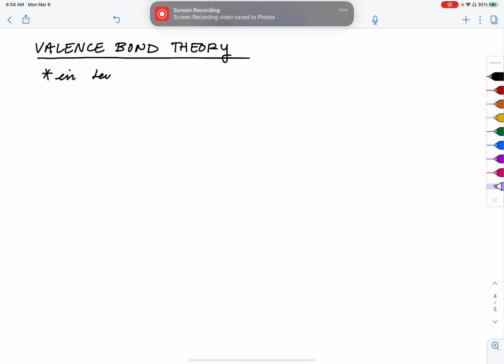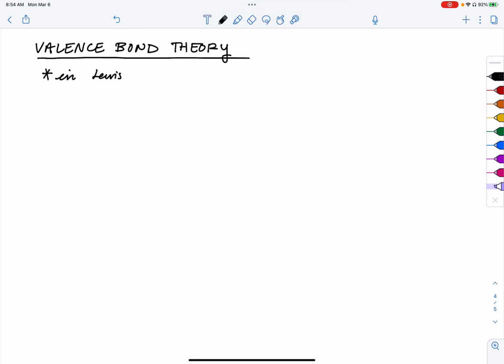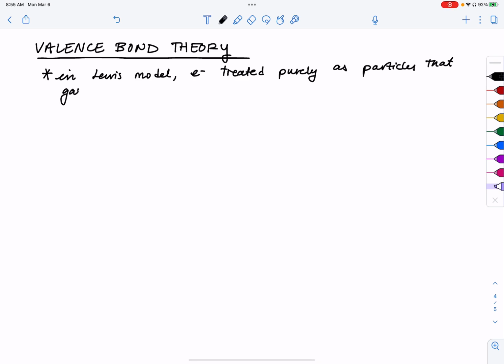So in the Lewis model, electrons are treated purely as particles that are either gained, lost, or shared.